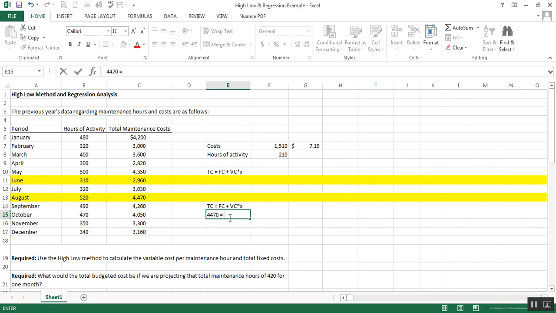It's equal to our fixed cost, which is what we're solving for, plus our variable cost, $7.19, times our hours of activity, 520 hours in this case. Then I rearrange the formula so that fixed cost equals 4470 minus 7.19 times 520.